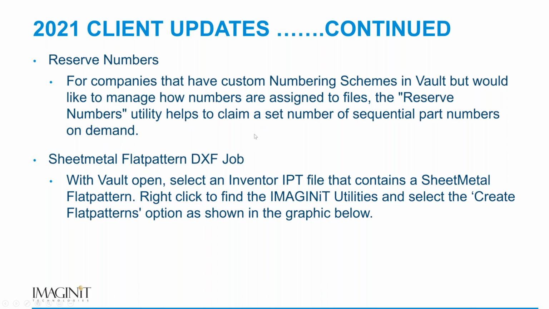The ability of creating a flat pattern based off the DXF job. So as long as your sheet metal IPT has a flat pattern built into it, right from Vault, let's say you have somebody in the shop who wants the flat pattern to throw into the machine.